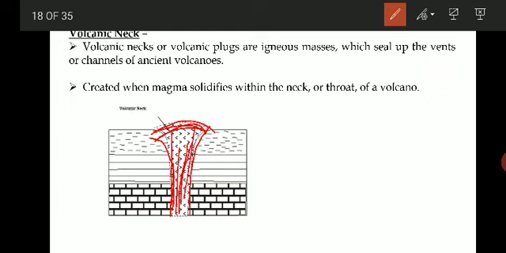The channel of that volcano was sealed up by the new magma. So this is created when the magma solidifies within the neck of the magma chamber, the volcanic vent, or the throat of a volcano.